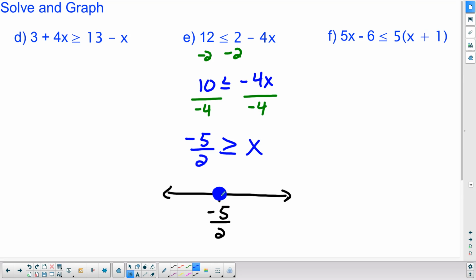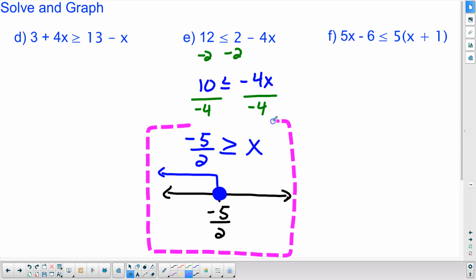Smaller. I want smaller numbers because remember the alligator or the crocodile eats the bigger number. So -5 halves is the biggest number that it can be. I want everything else smaller than that, and smaller numbers are to the left. Okay.